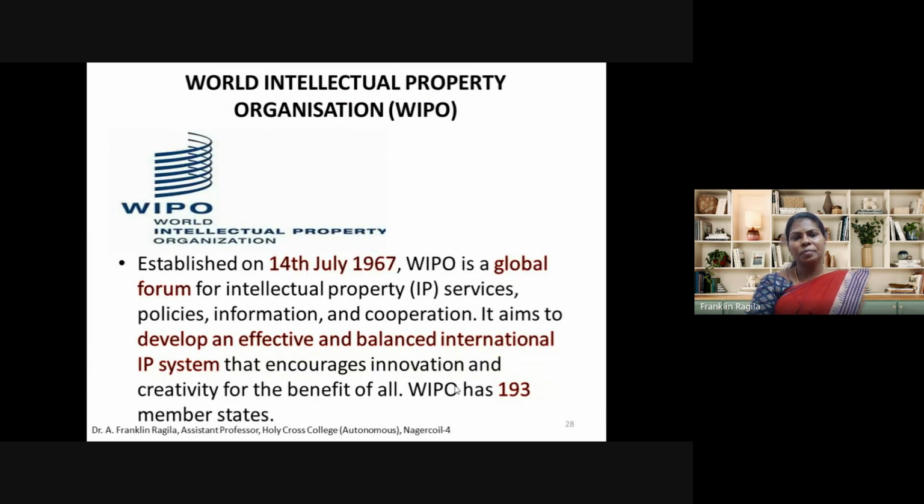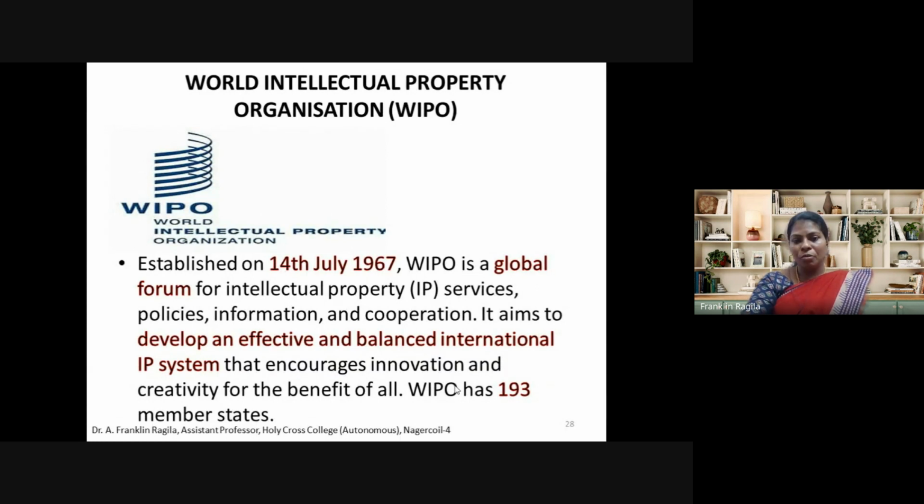And so far we have discussed the national level. So I want to present a particular organization which deals with intellectual property worldwide. I have taken this slide, and I'll tell you as a summary. The World Intellectual Property Organization was established on the 14th of July, 1967.